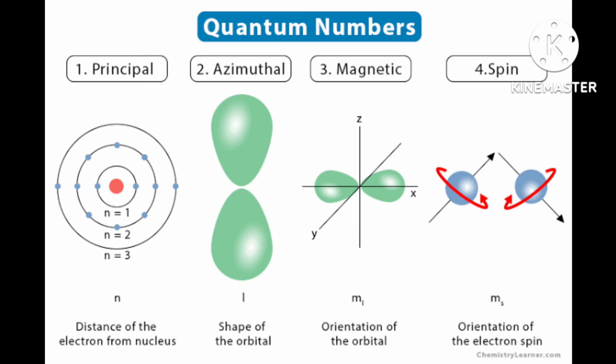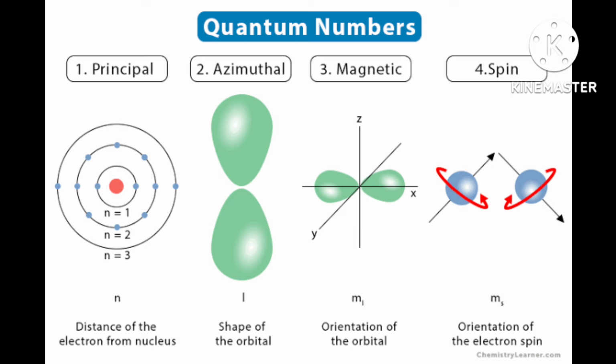And under these 3 subcells, 0 S will be there, P will be there, D will be there. Like that way n is equal to 4. Then 4 subcells will be there. S subcell, P subcell, D subcell and F subcell.